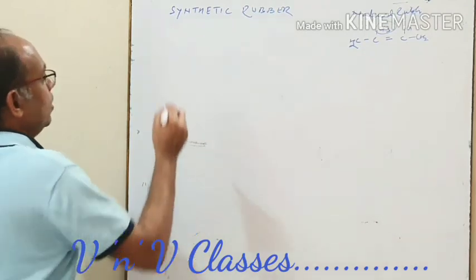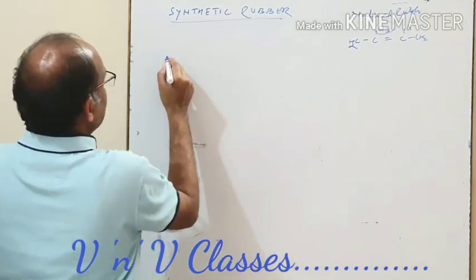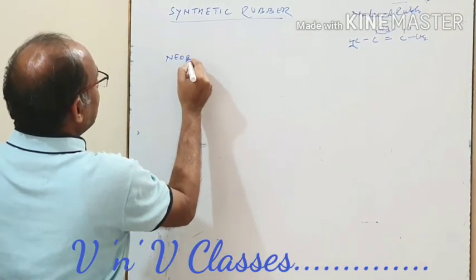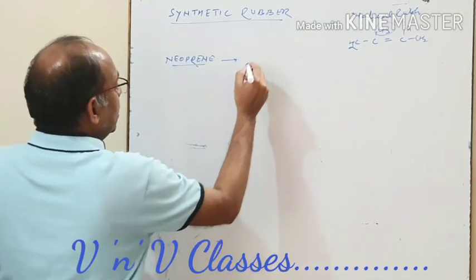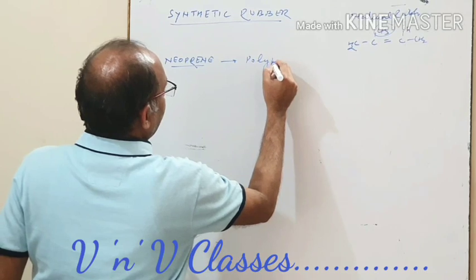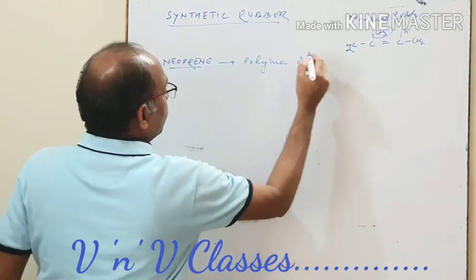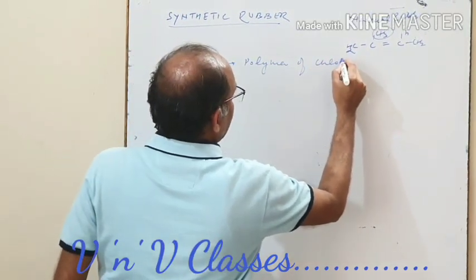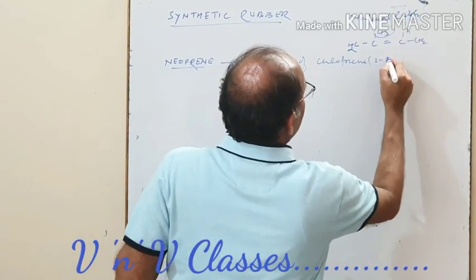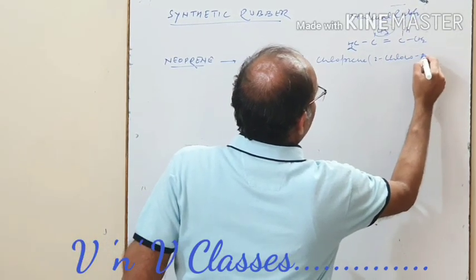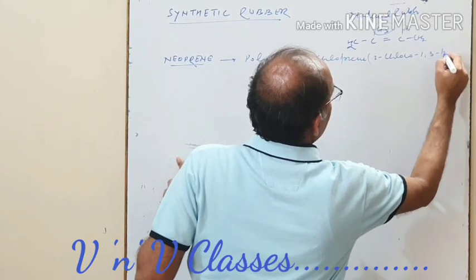So one of the synthetic rubbers is called neoprene. This neoprene is a polymer of chloroprene. And what is this chloroprene? Chemically you can say this is 2-chloro-1,3-butadiene.